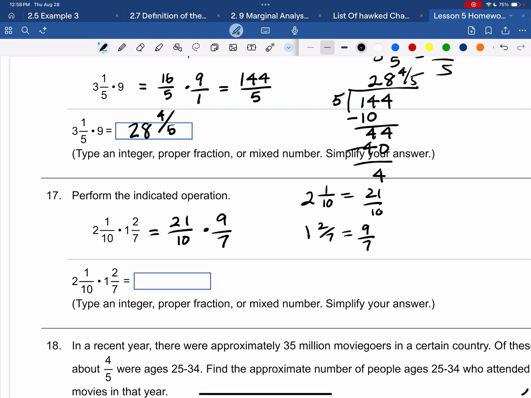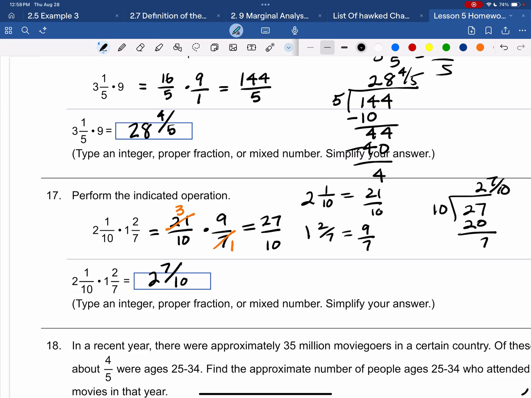And luckily, I do have something that will reduce this time. 7 into 21 is a 3. It leaves a 1 there in that denominator. So 3 times 9 is 27. 27 over 10 is an improper fraction. 10 into 27 goes 2 times with 7 left over. So 2 and 7/10.